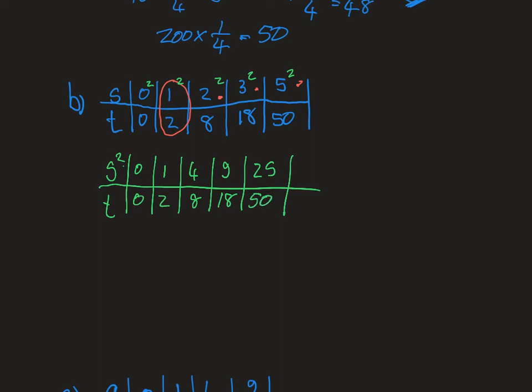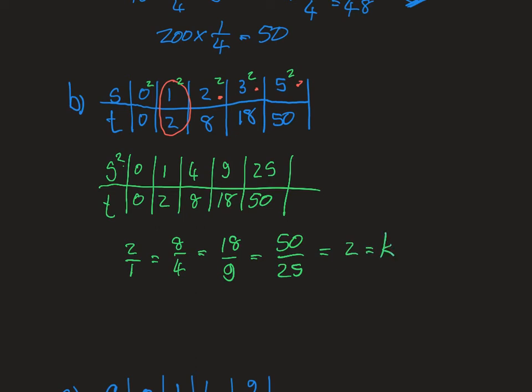Is there a constant ratio now? Yep. If we times s squared by 2, we every time get the bottom. So if I look at 2 divided by 1, that's the same as 8 divided by 4, which is the same as 18 divided by 9, also the same as 50 divided by 25, which means we do have a direct proportion here with k equal to 2.